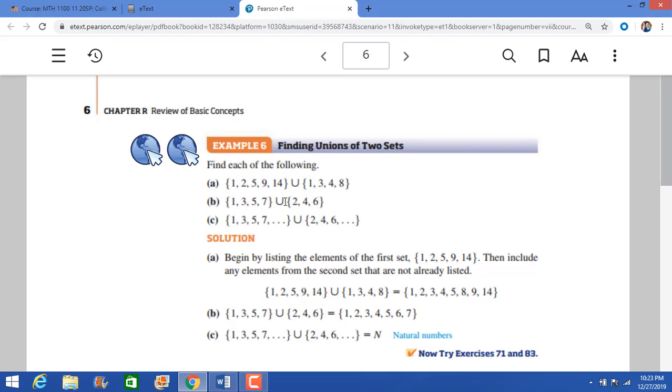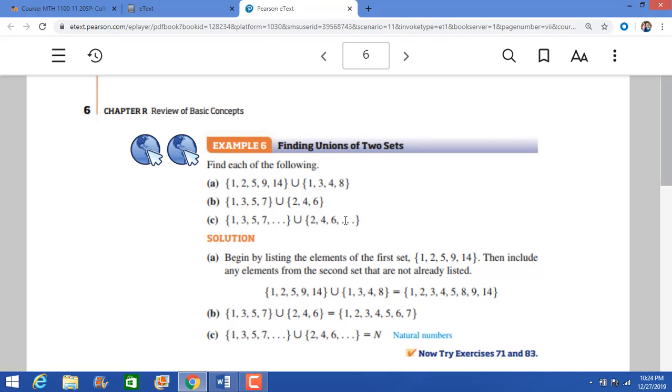Now here we're going to use the union of these two. We're going to, again, pool them together and get rid of any duplicates. So here we're going to get 1, 2, 3, 4, 5, 6, 7, all the numbers 1 through 7. And then here we're going to take all of the numbers. Now what's going on here? Well, what does this set represent? We have the ellipses. So we've got all of the odd natural numbers. And here we've got all the even natural numbers.